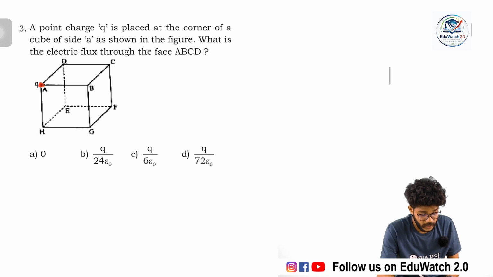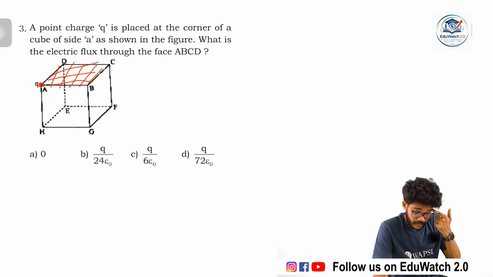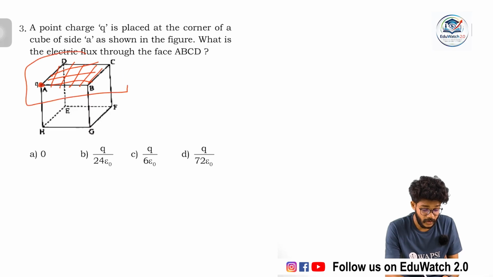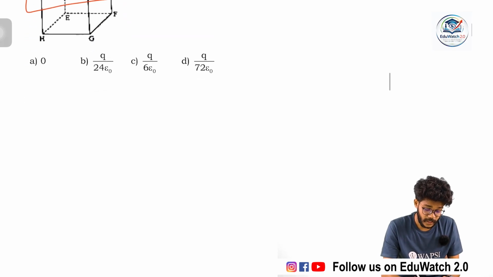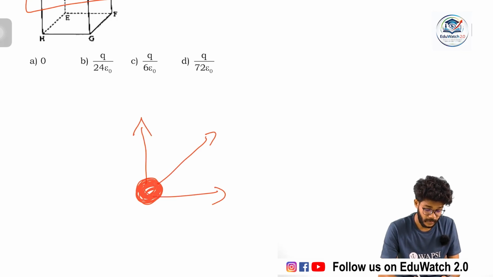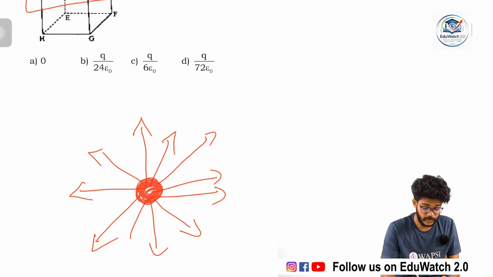So we want to calculate the flux, that means the lines which are passing through ABCD. So actually, please focus on this area only. So I will draw a charge. This is the charge. Okay, and here we have the charge lines. The lines are spreading 360 degree around.